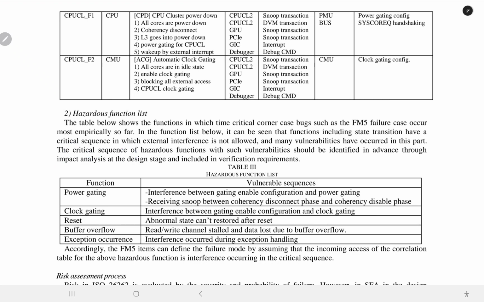The critical sequence of hazardous functions with such vulnerabilities should be identified in advance through the impact analysis at the design stage and included in verification requirements. Table 3. Hazardous function list.